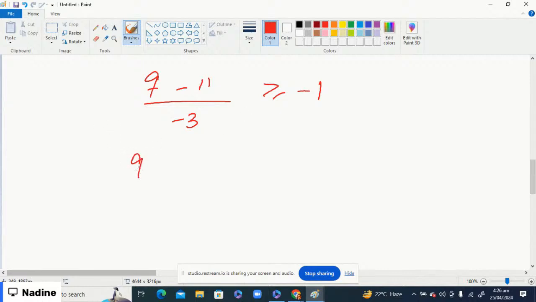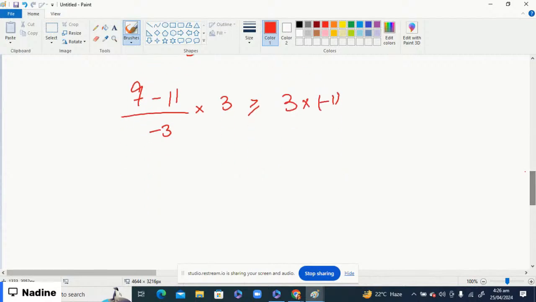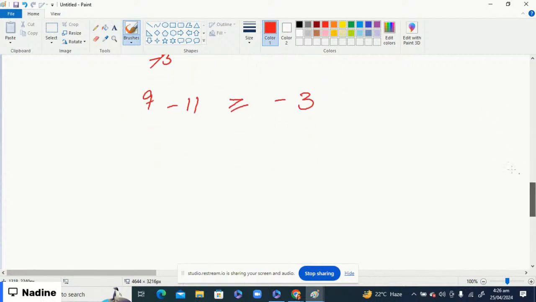So what's the answer? Now this should be cancelling. Now what's next? q as it is, minus 3 plus 11.